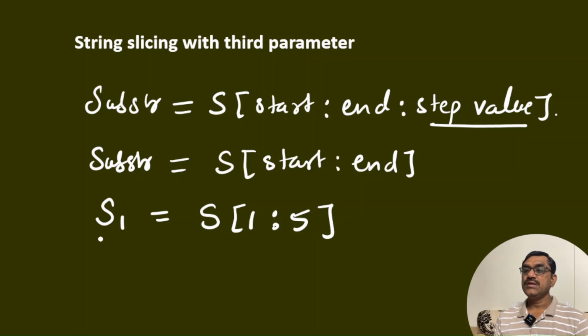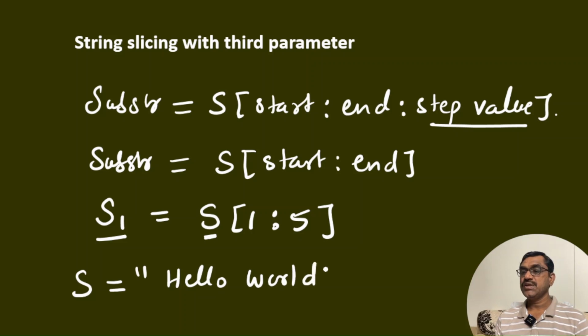So how do we get this s1 from the original string s? Before writing the statement s1 is equal to s of 1 colon 5, first you have to define the original string s. Assume that s is equal to the string hello world.